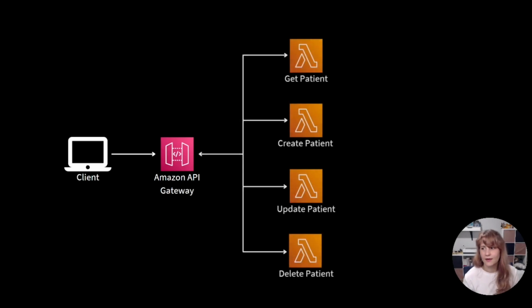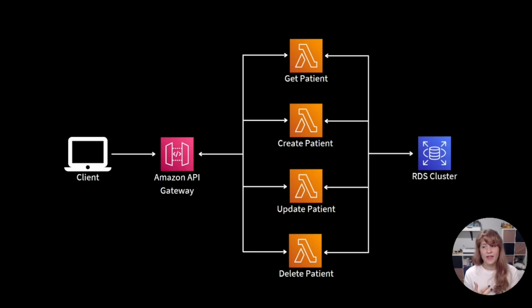We have the client, and the client goes through the API Gateway, where the endpoints for our microservice will be defined as functions that then write to a data source of our choice. In this case, it is writing to an RDS cluster. Patients tend to be relational, and at first glance, this seems like a pretty good idea. So this really does seem pretty simple.